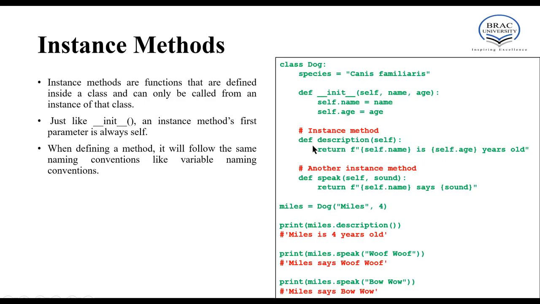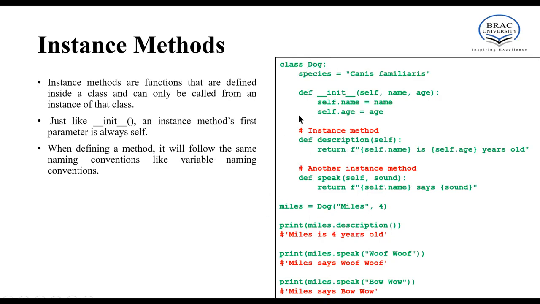It is just like a function, but it is inside the Dog class. If you want to access this method, you need to create an instance of Dog. So miles is an instance of Dog, and then you call this method using the object name, miles.description.